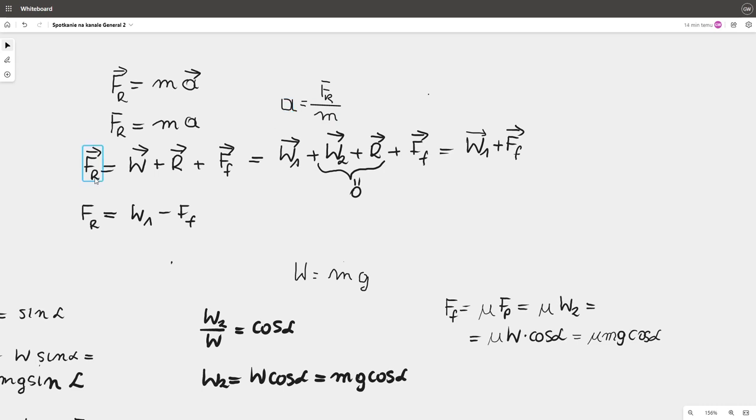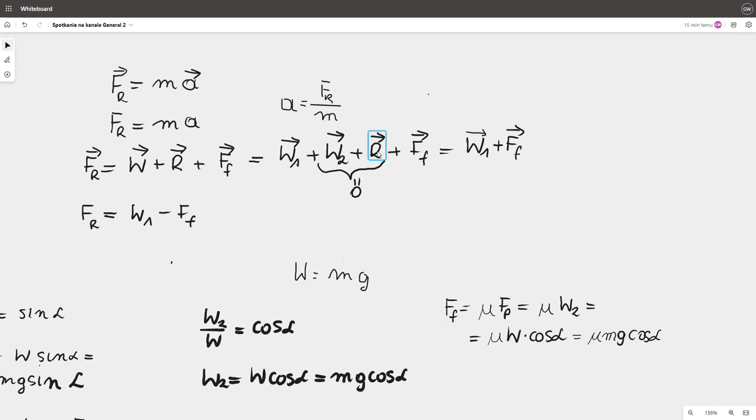Firstly, we'll find resultant force vector, here. It is sum of weight, normal force, and friction force. We can replace weight by its components. W2 and normal force cancel each other.